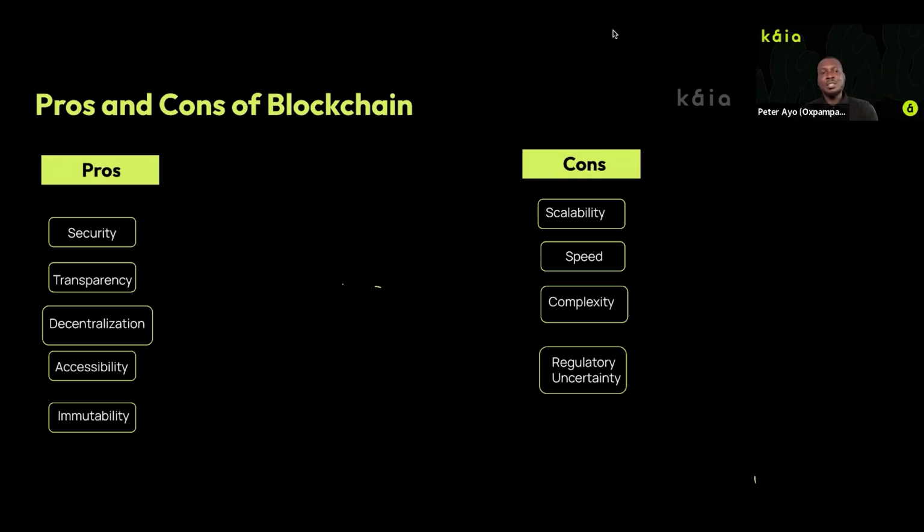When we say accessibility, I mean even in third world countries where they have issues with cross-border payments, with just an internet connection, you can have access to programmable money, where you don't have to go to the bank before you send money to somebody in Singapore or Korea.